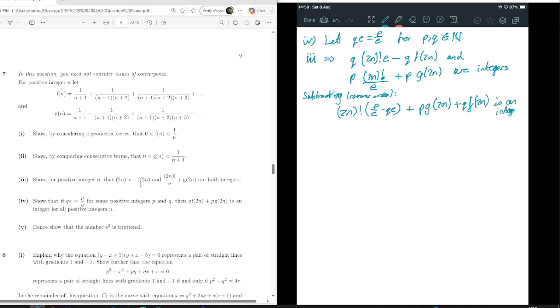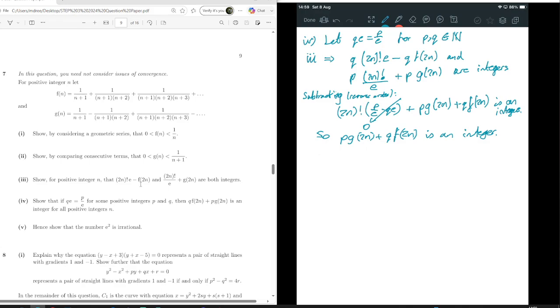We start with 2 integers. If we subtract them, we still get an integer. But that first term is 0 because of that assumption we've made. So PG2n plus QF2n is an integer.